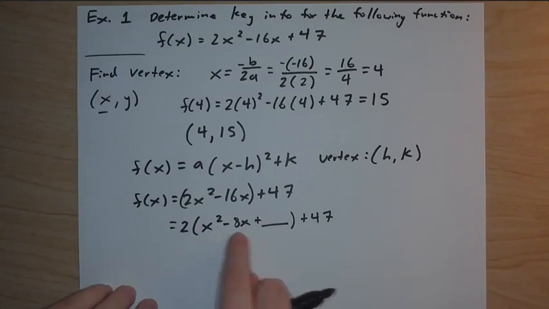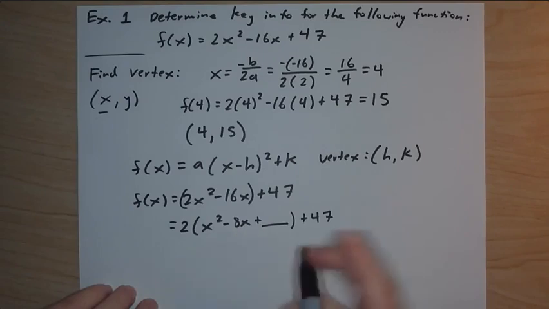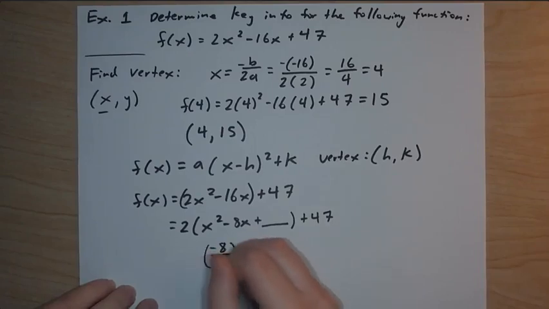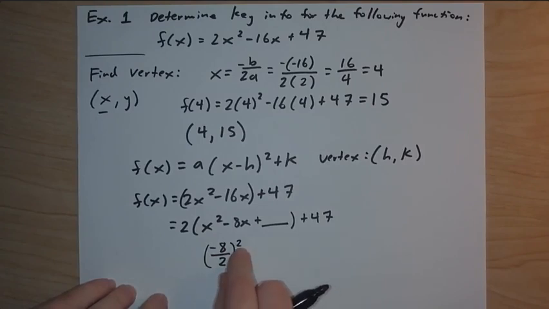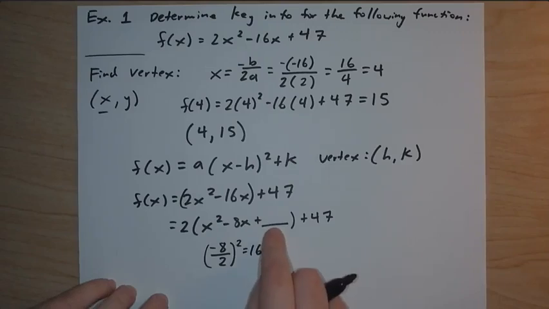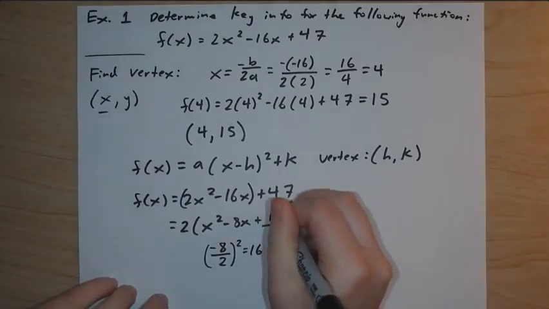This is always how you complete a square when you have it like this. So you have negative 8, which is our b, you divide it by 2, and then you square it. Negative 8 divided by 2 is negative 4, and negative 4 squared is 16. So the number that goes here is 16.